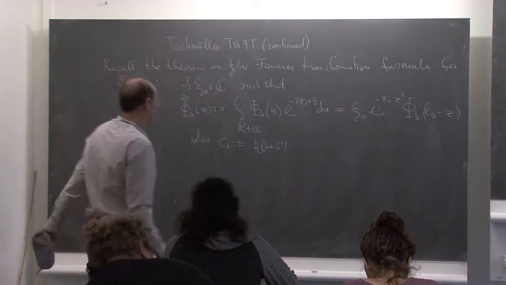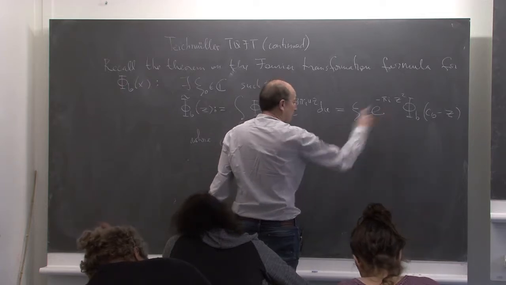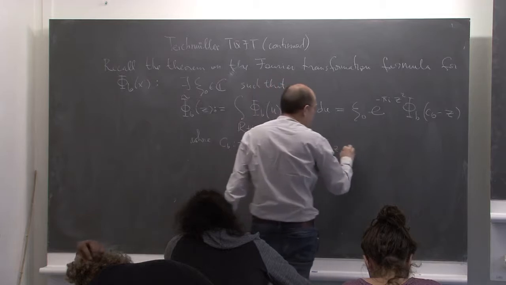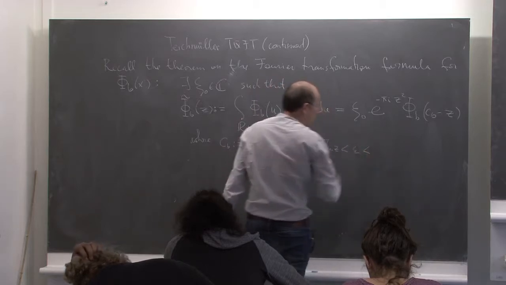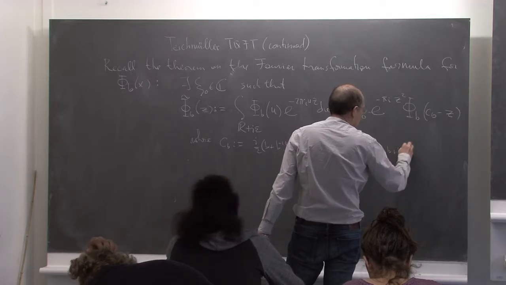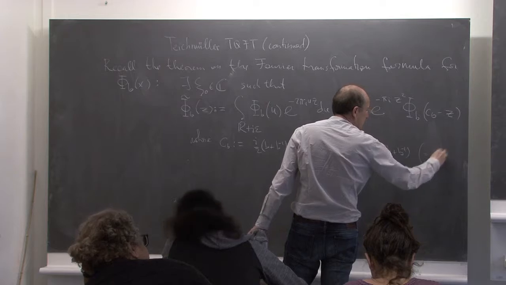What else? Epsilon should be positive, but the imaginary part of z should be positive, but less than epsilon, and epsilon should be less than 1/2 times b plus b inverse, which is the absolute value of cb.